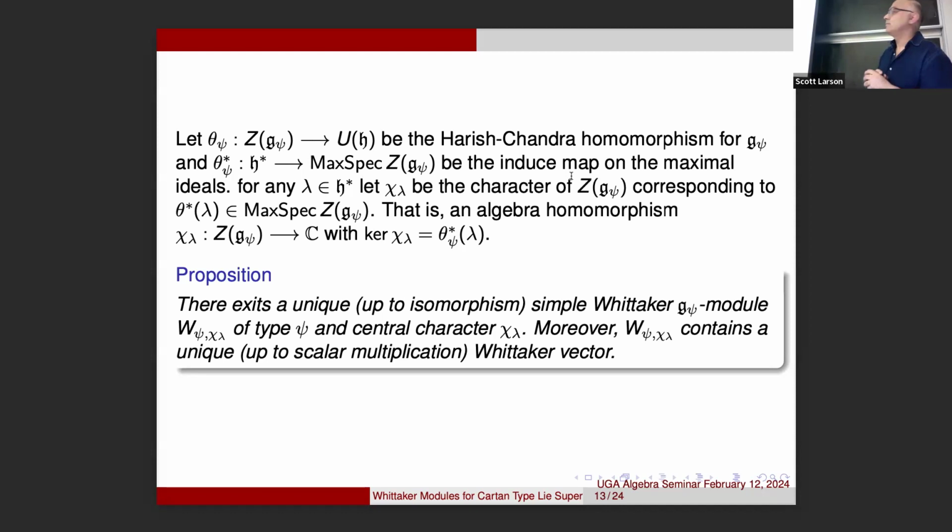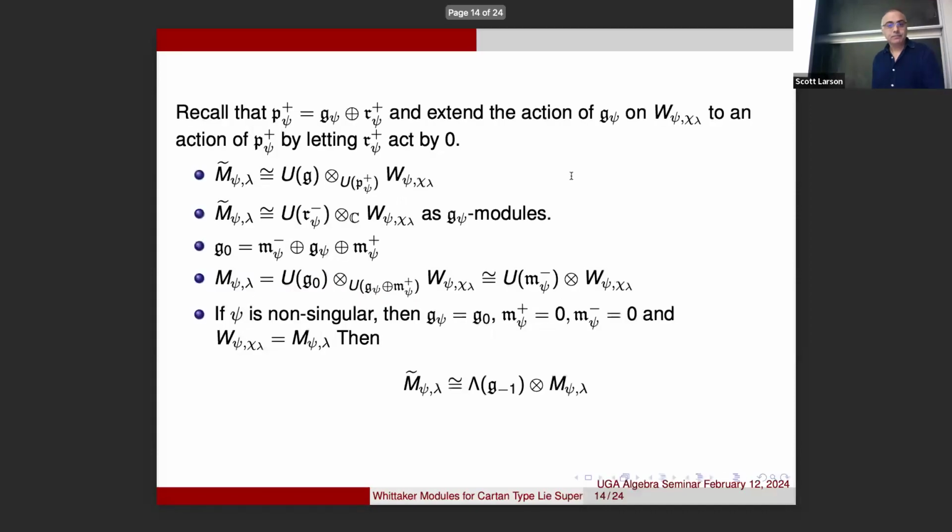So this is the set of all Whittaker modules for G psi, which I denote by W psi lambda. Remember, W was a module for G psi, and then you can induce it up to G, making it a G module by induction. We denote this module by M tilde, by letting the positive part R psi plus act by 0.